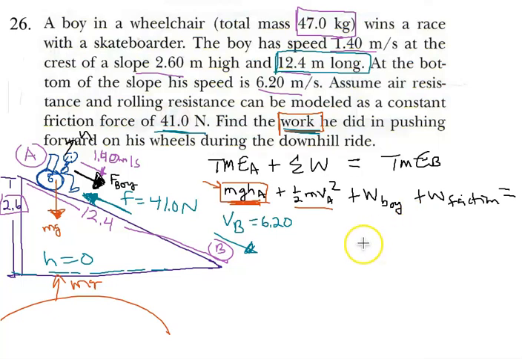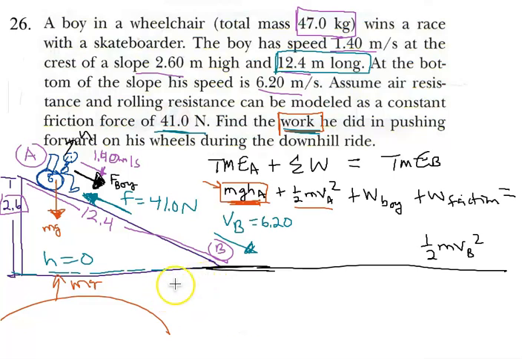Equals TME at B. Okay, at point B, he's essentially at sea level, so he has no MGH, but he is absolutely moving, and we know everything about how fast he's moving. Okay, so make sure you know that's all one line. All right, let's plug in what we know.